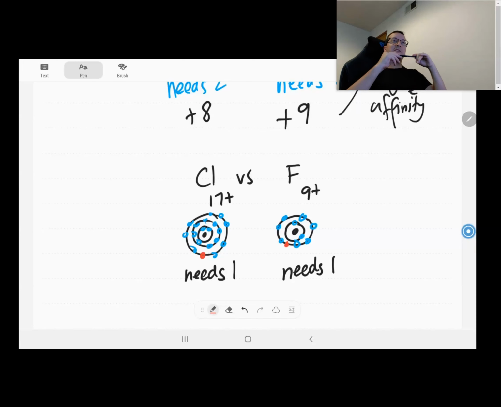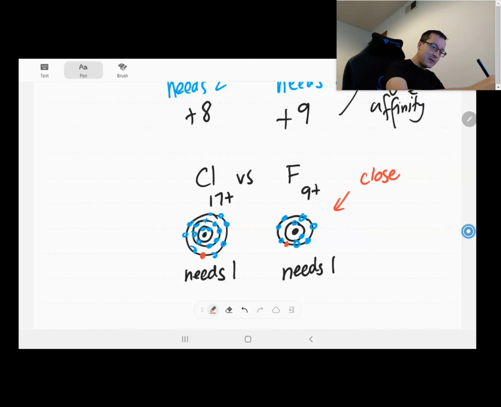Right? Which one of these electrons is going to be closer to the nucleus? Indeed. So because fluorine, exactly, it has fewer shells, it's very close to the nucleus. Alright? So, fluorine will win again. Closer to nucleus.